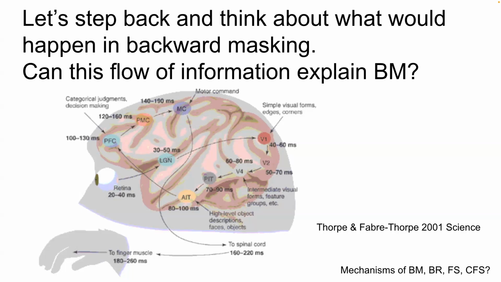I'll remind you that in backward masking, I show some stimulus very briefly, followed by lots of lines. If the delay between the two is very short, you don't see the first stimulus. You can convince yourself of that. And sometimes you see it, sometimes you don't, at the threshold.